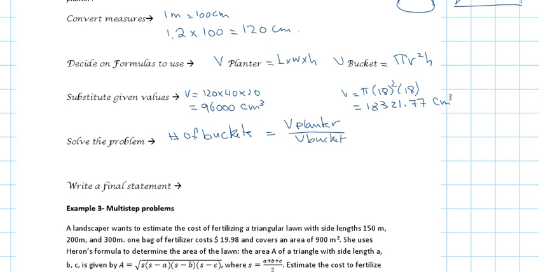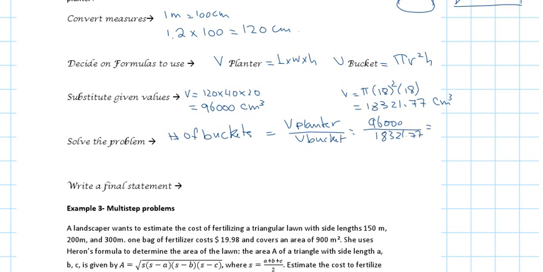So that's going to be 96,000 over 18,321.77, which is 5.2 buckets.